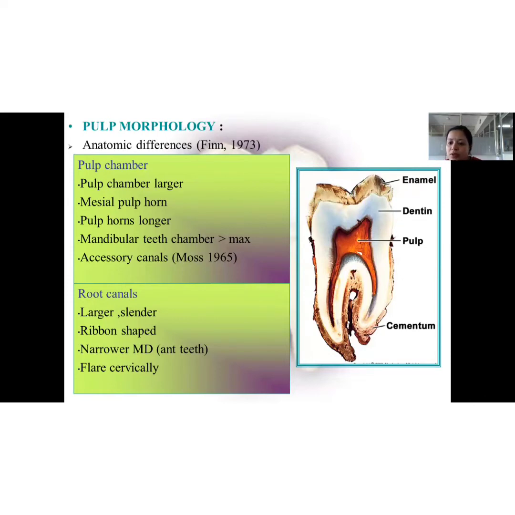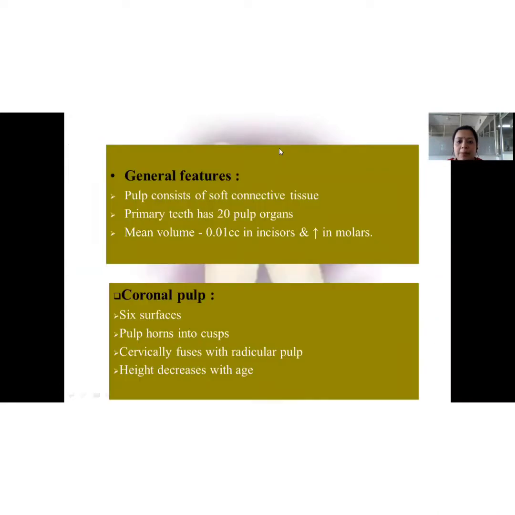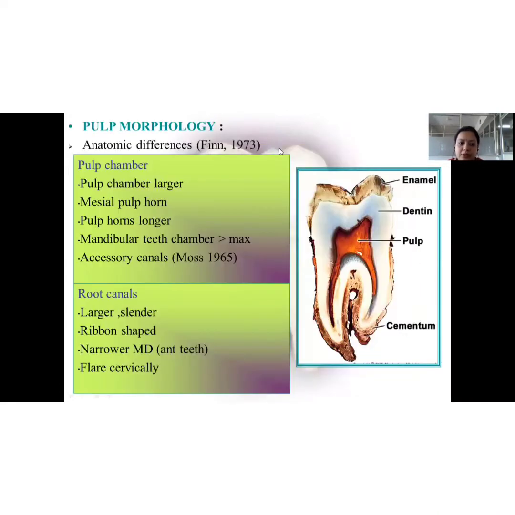Now, before getting to know about the procedures involved in pediatric endodontics, we should know the difference between primary and permanent teeth. First of all, the difference between the pulp of primary and permanent teeth.